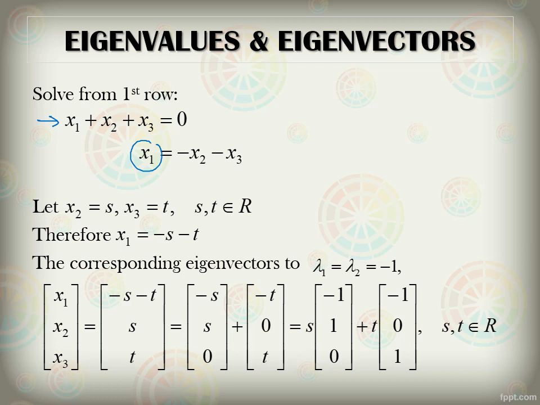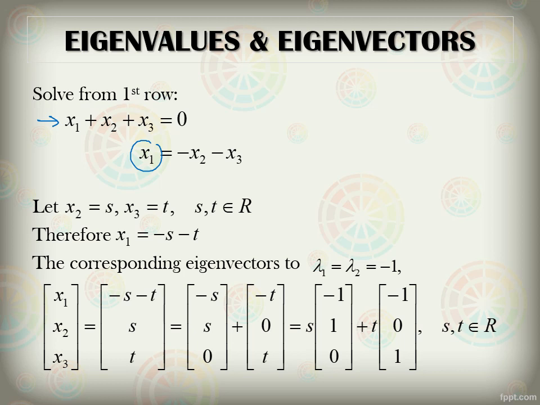So I let x2 equal to s and x3 equal to t, and therefore x1 is equal to minus s minus t, and thus the corresponding eigenvectors for lambda 1 and lambda 2, which is minus 1, is equal to this.